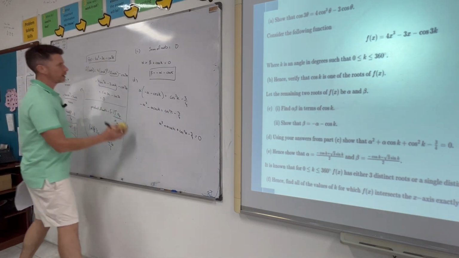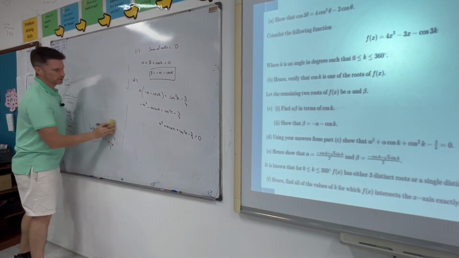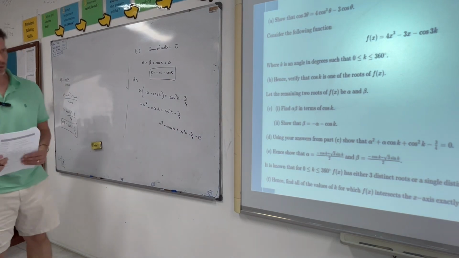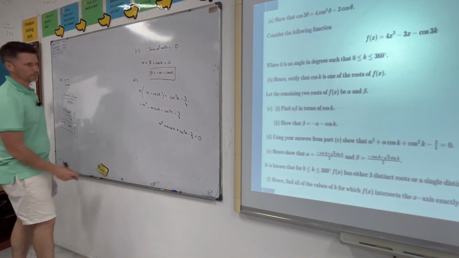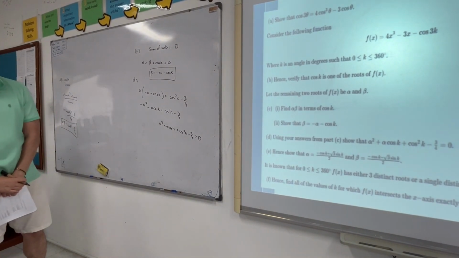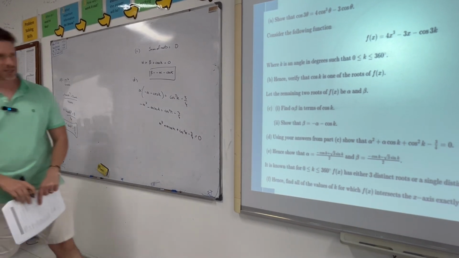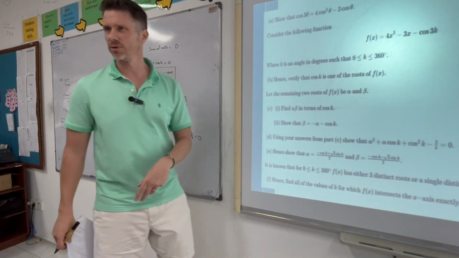Okay, let's look at part E. Hence show that alpha, okay, this is where maybe we start to think, but it's the quadratic formula. Maybe you see the recognition: minus something, one of these is plus, the other one is minus, they're both over 2, square root.